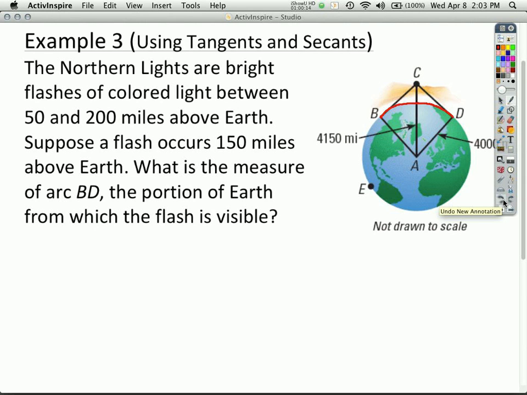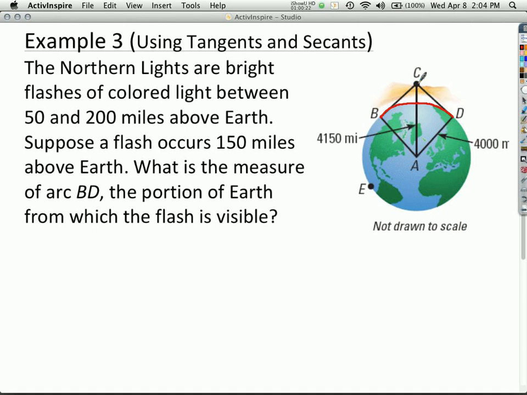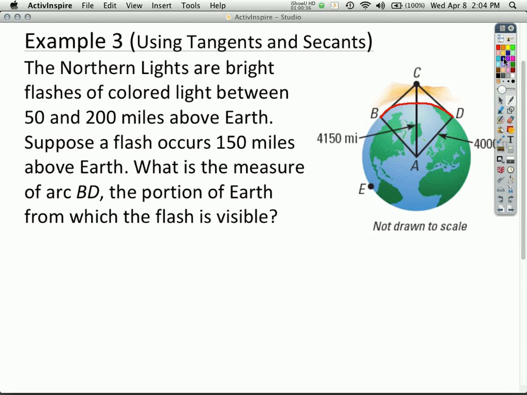So the angles outside a circle theorem says that there's a relationship between this angle right here, if this is tangent and this is tangent, which they are, this angle and this arc and this arc. So we can write that relationship out.